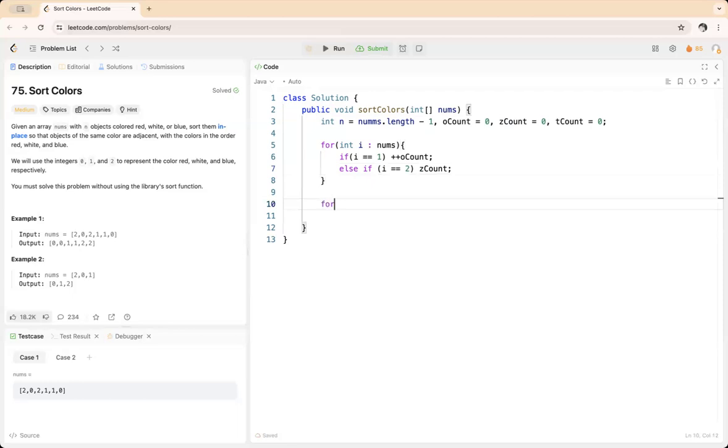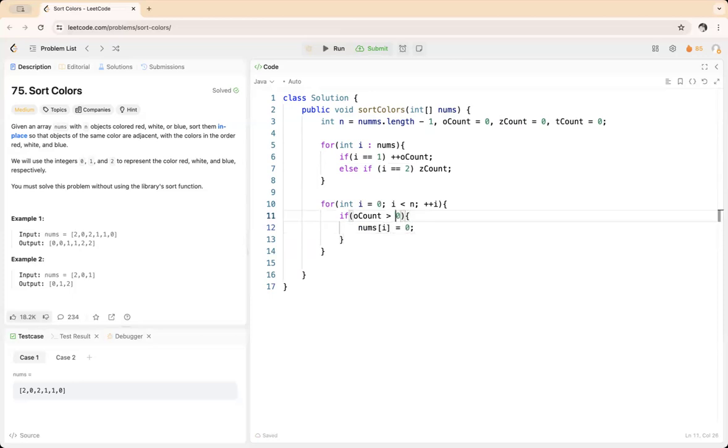And then afterwards, we'll take the indexes of the array like this, and then we will do, if one count is greater than 0, then we will do nums of I is equal to 0.